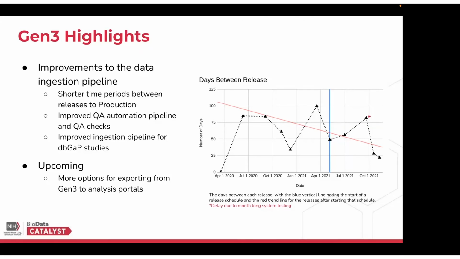This has been improved by also having better ingestion pipelines for dbGaP studies that are a little bit more normal and formulaic, as well as working on our QA automation pipeline and QA checks. And for Gen3 in the upcoming year, we're working on more options for exporting all of our Gen3 data to other analysis portals.